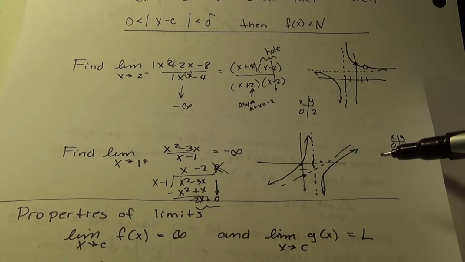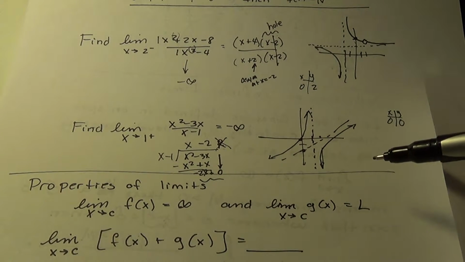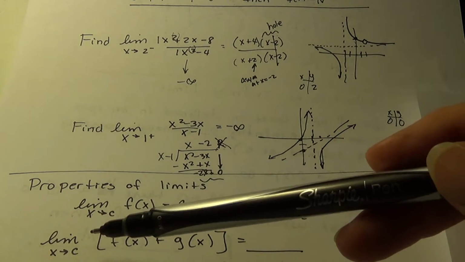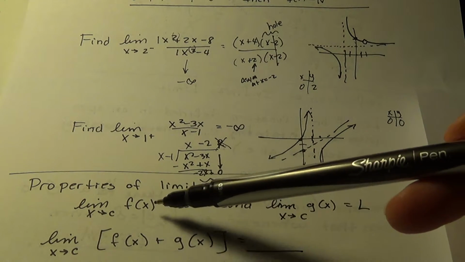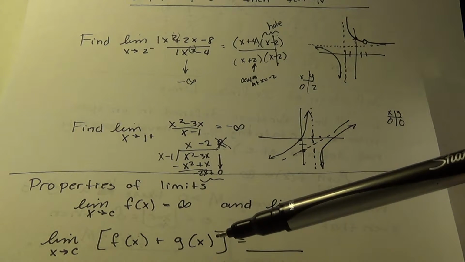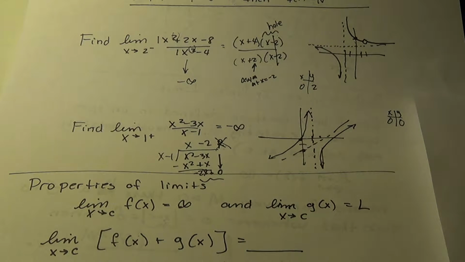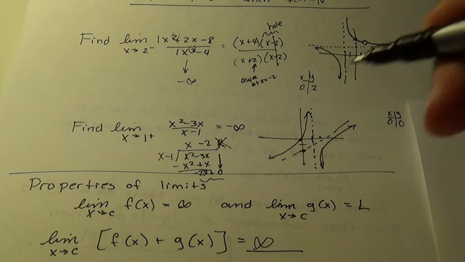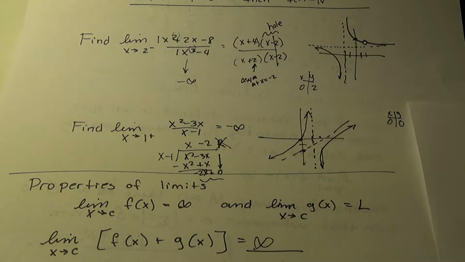How would these combine if I added the two? What would be the limit as x approaches c of this f of x, which had an infinite limit, and this one that had a finite limit? When you add the two, the infinity trumps, so you're going to get also an infinite limit.